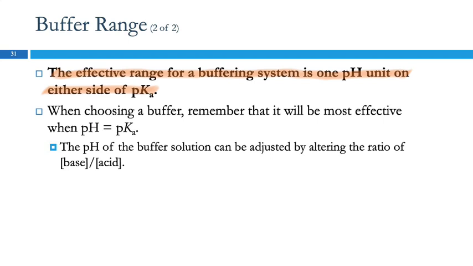And so we can use this information to choose what weak acid to use for our buffering system. And if we can't find one where the pKa is at the pH we want, we can tweak it a little way, one way or the other, by altering the ratio of base to acid.